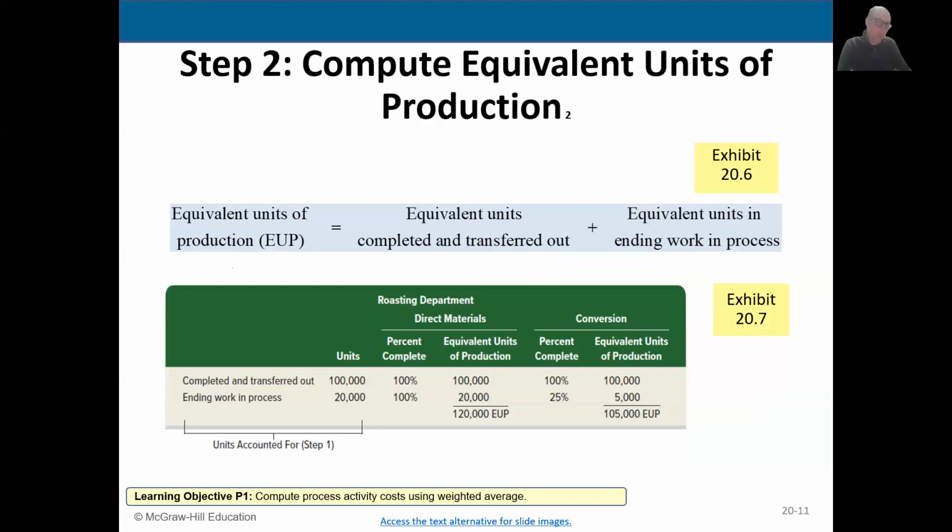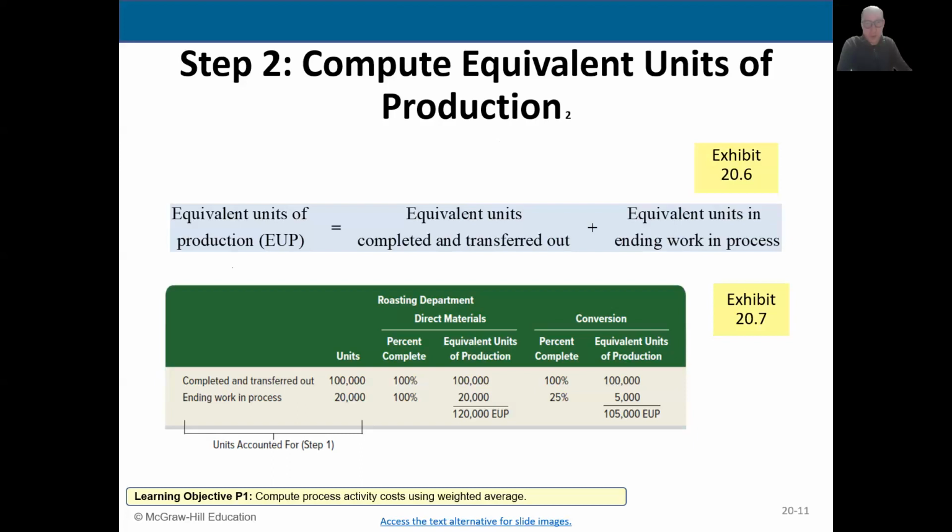The computation formula for equivalent units of production is equivalent units completed and transferred out plus equivalent units in ending work in process. Taking a look at the example from below, completed units and transferred out were 100,000.